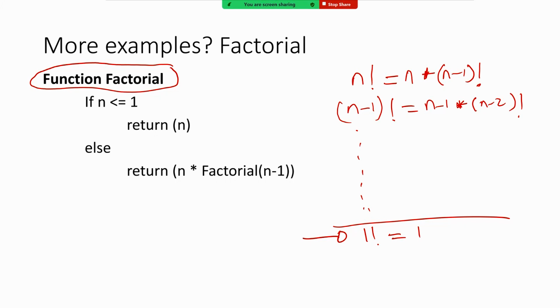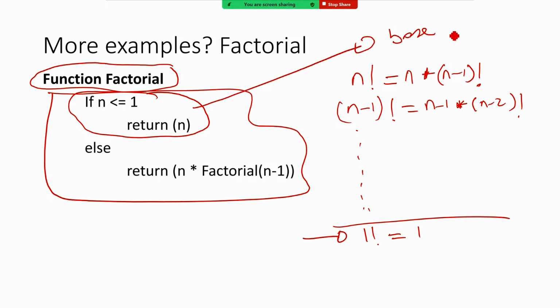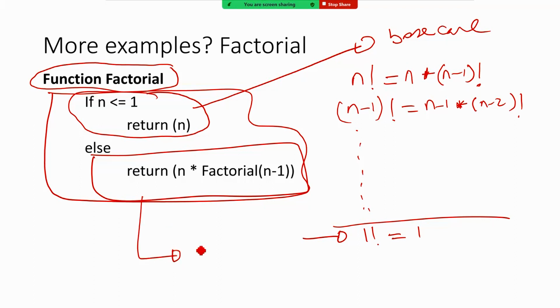If you think in terms of the coding sequence, do you see the same pattern? If n is less than or equal to 1, return n, and this is our base case. Else return n into n minus 1 factorial, and this is our recursive solution.